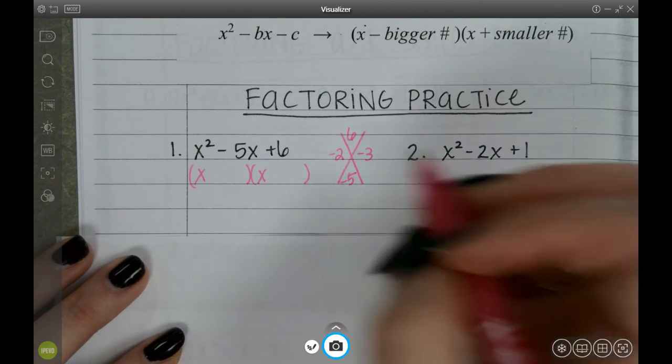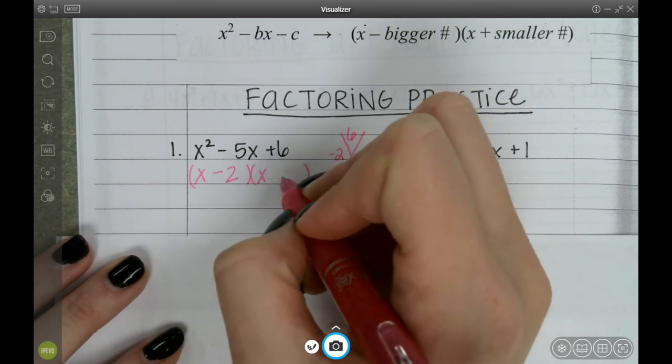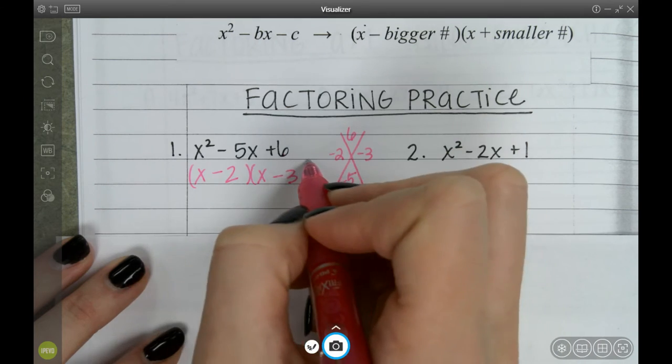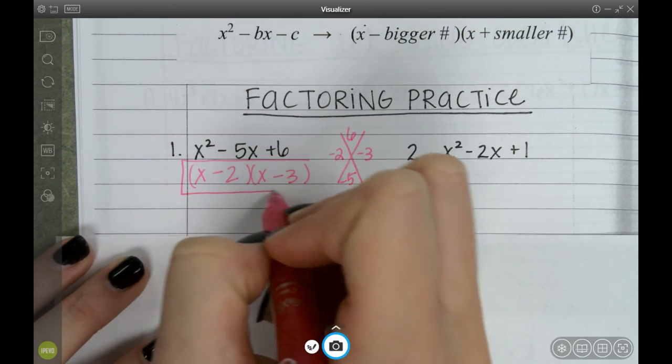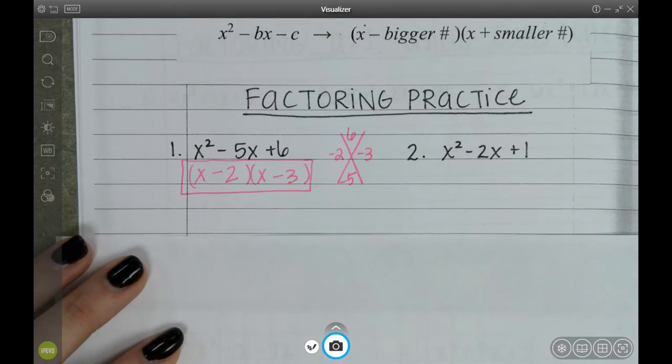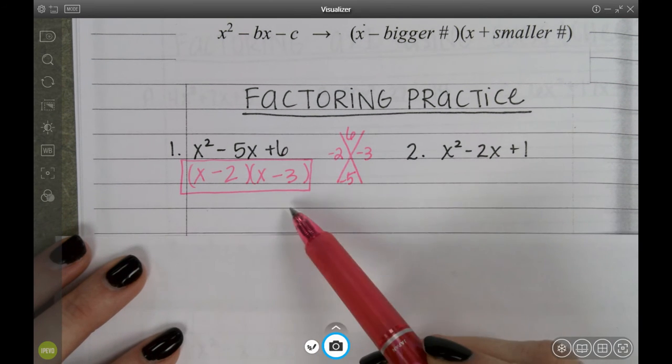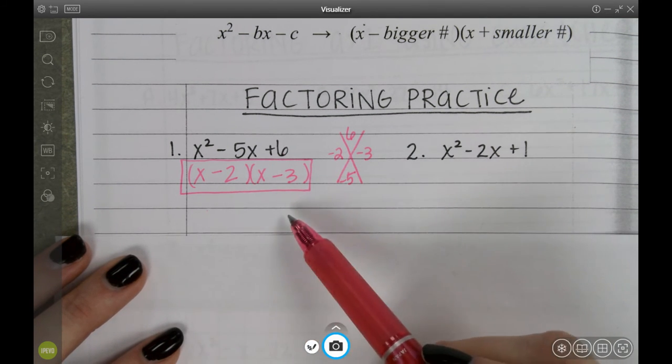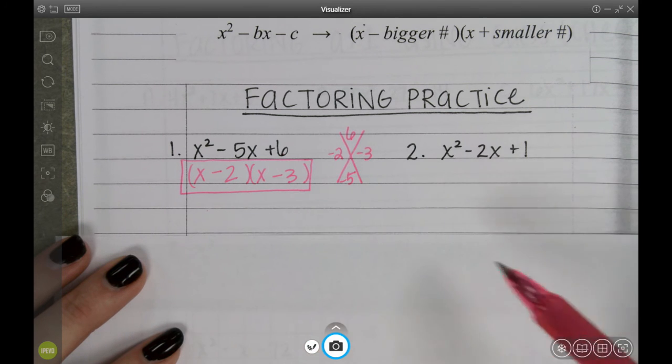So this is going to factor x minus 2, x minus 3. Can I switch that 2 and 3? Yeah, if you have x minus 3 times x minus 2, that's the same answer. And it's totally fine.